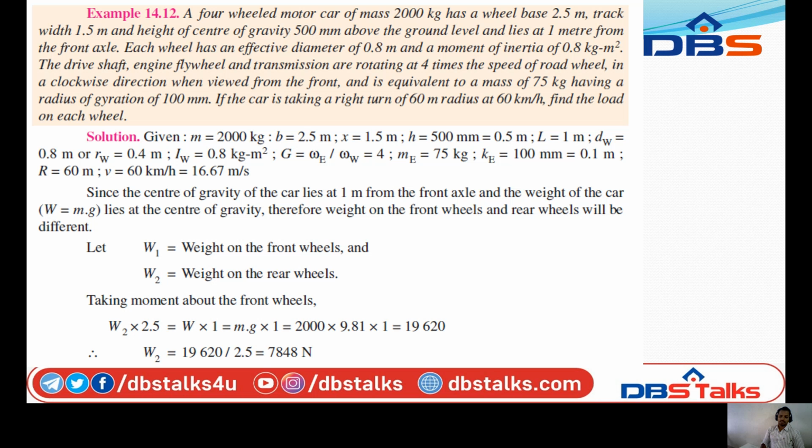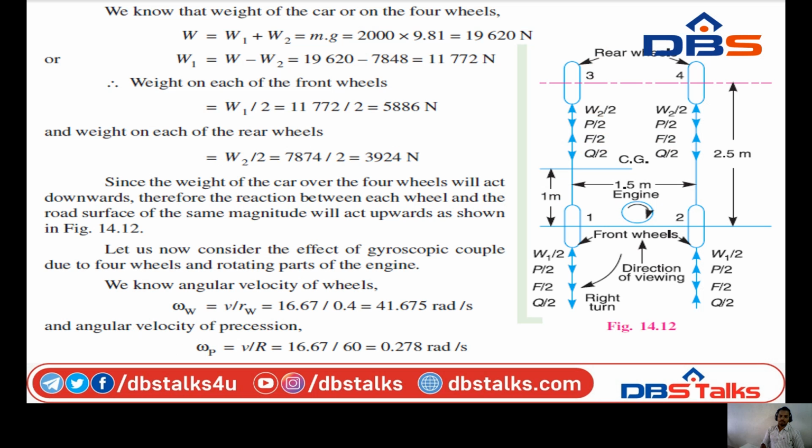So for this consideration, we have to take W is equal to W1 plus W2, that is equal to mg, that is 2000 into 9.81, that is 19,620 newton, or W1 is equal to W minus W2.